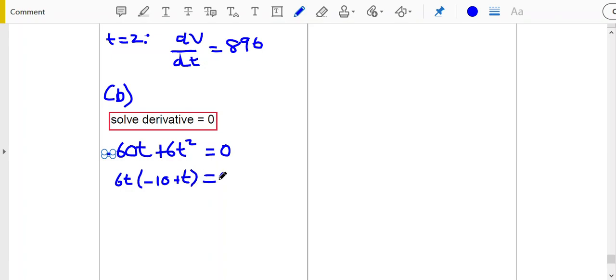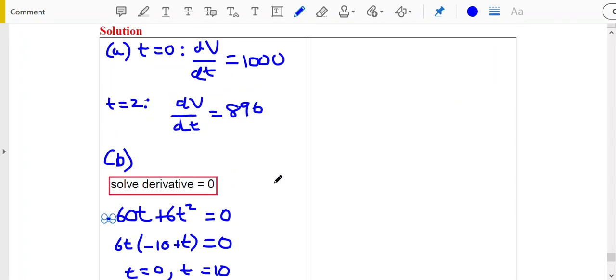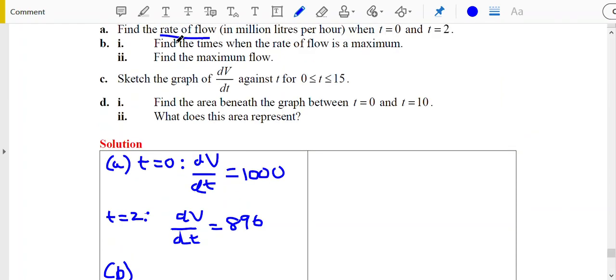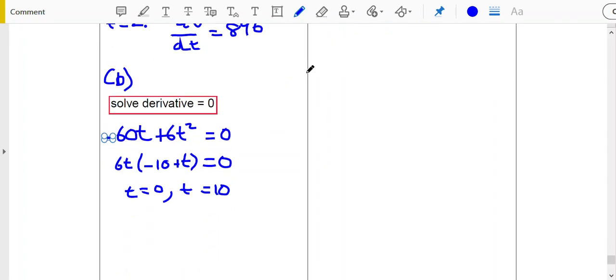Use the null factor law. So it would be t equals 0 or t equals 10. Okay, so find the times when the rate of flow is a maximum. So it's t equals 0 or t equals 10.